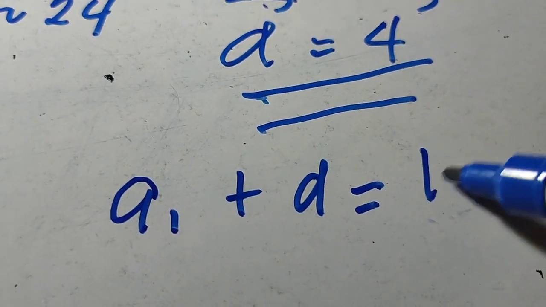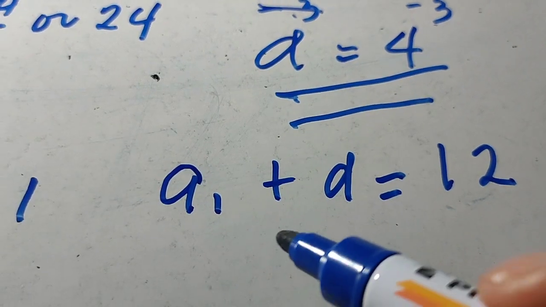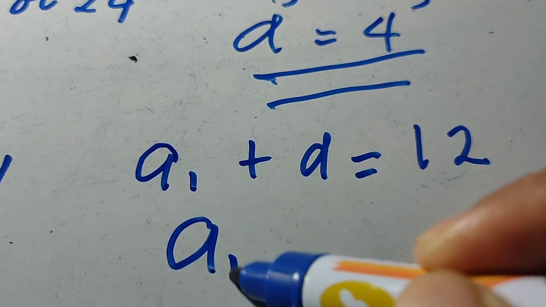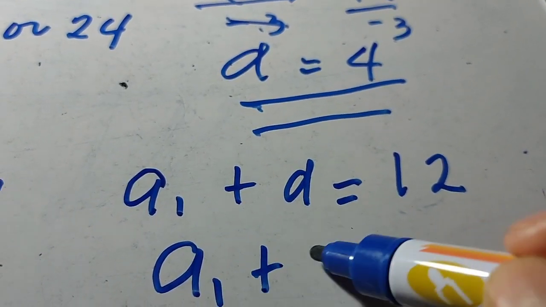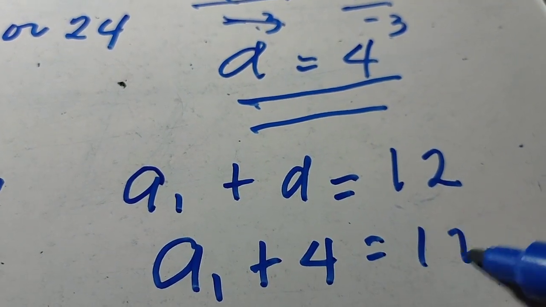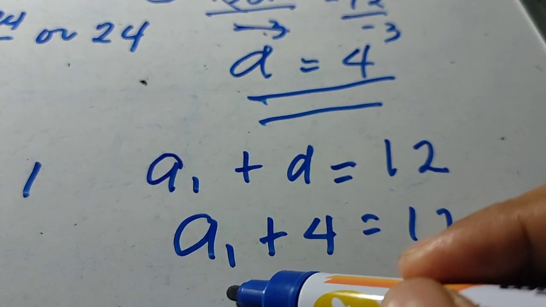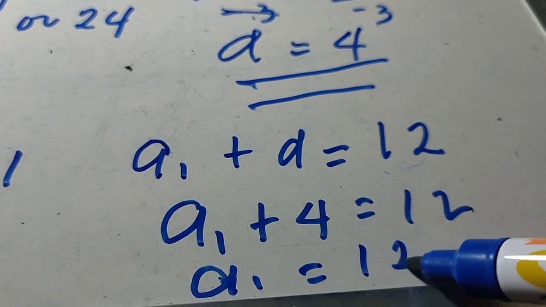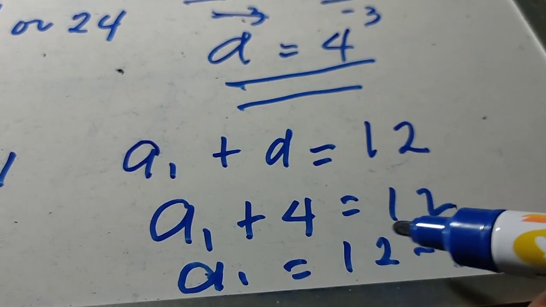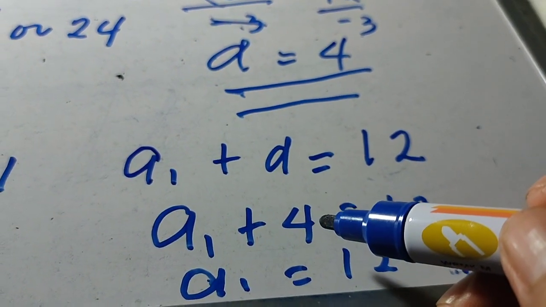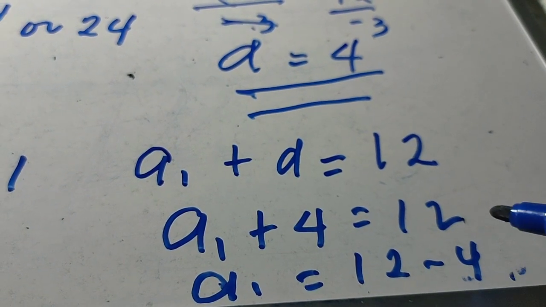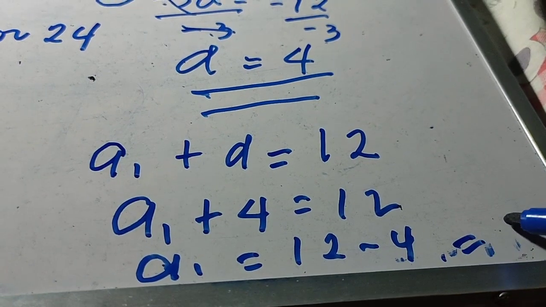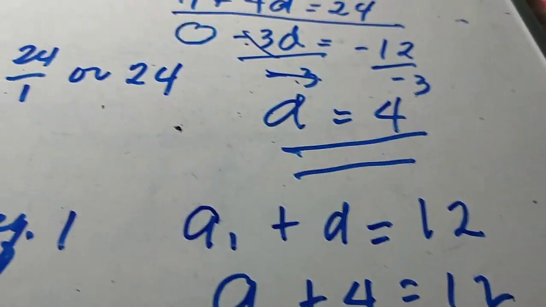We're going to use the most simple equation, so it would be easier on our part. So we do not have a sub 1, but we have our d, plus 4 is equal to 12. So a sub 1 is equal to 12 minus 4, as we will add here negative 4 and negative 4. So 12 minus 4 is equal to 8. So our a sub 1 is 8.